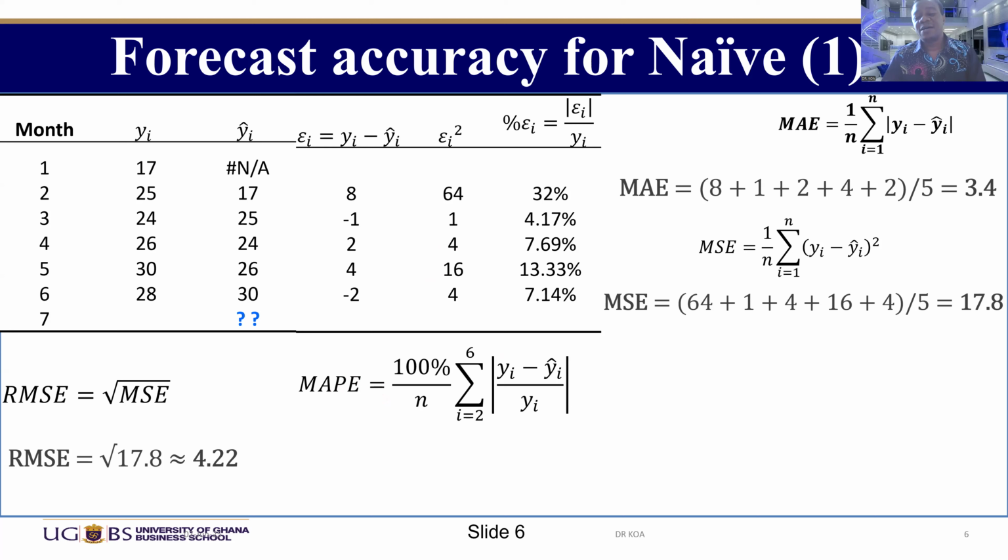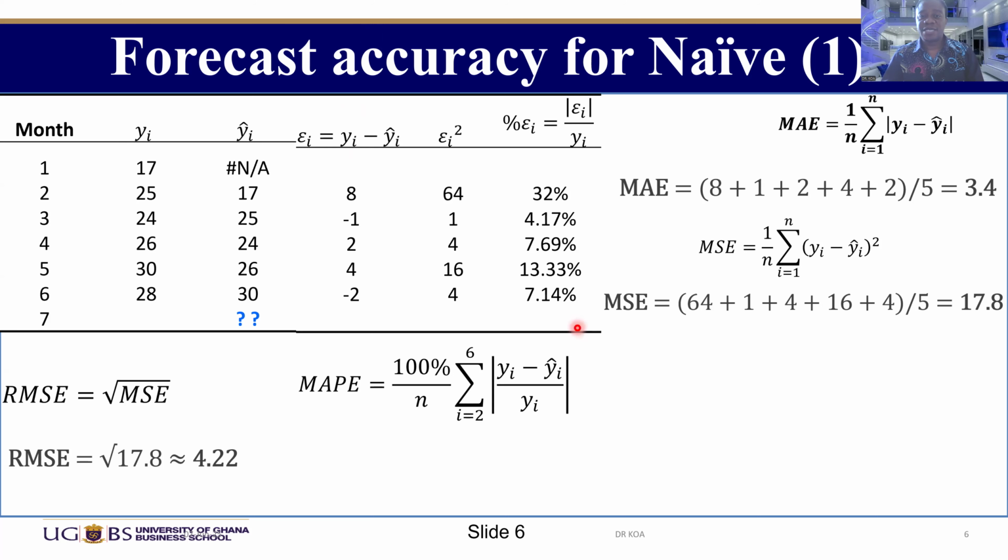We are going to calculate the S-MAPE. The S stands for what? Mean absolute percentage error is the MAPE, but the S stands for what? Systematic. Symmetric. Okay. Symmetric mean absolute percentage error.